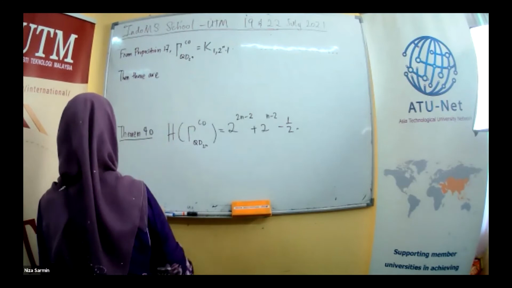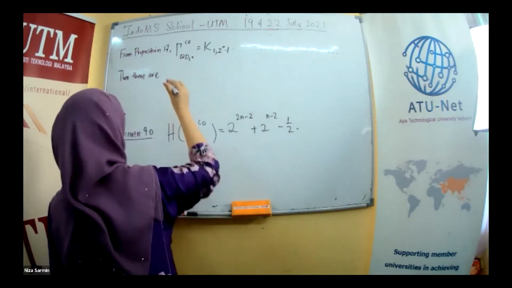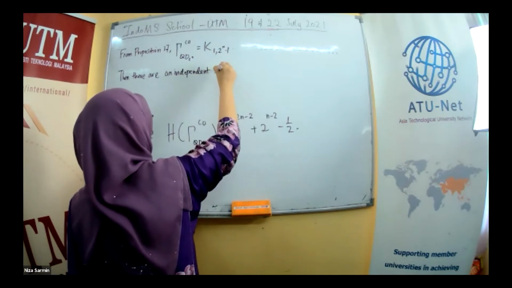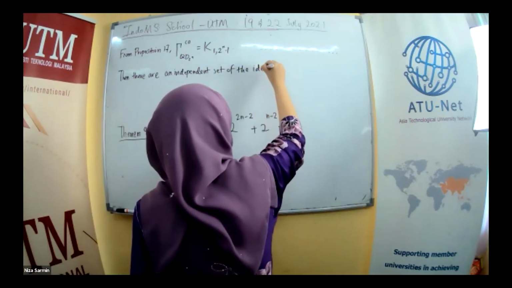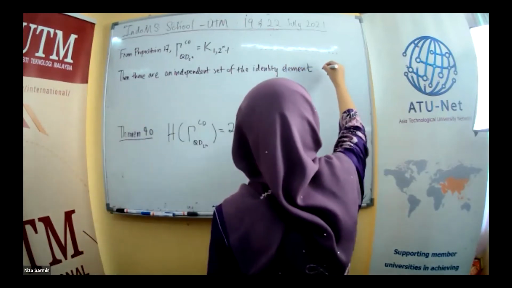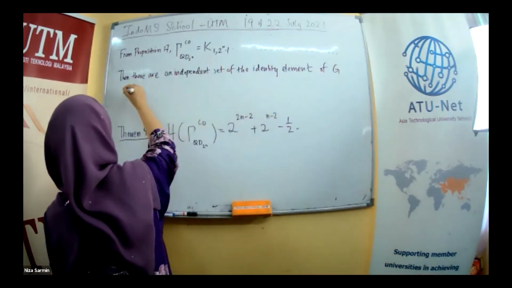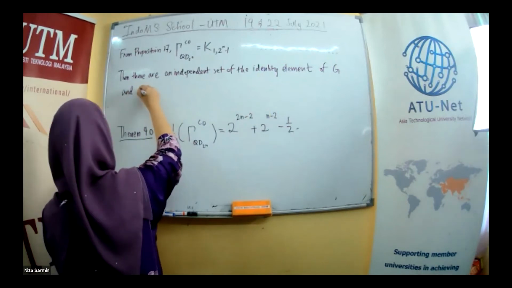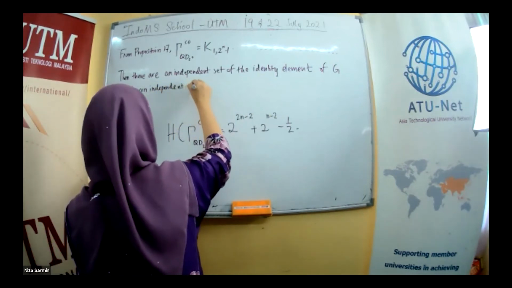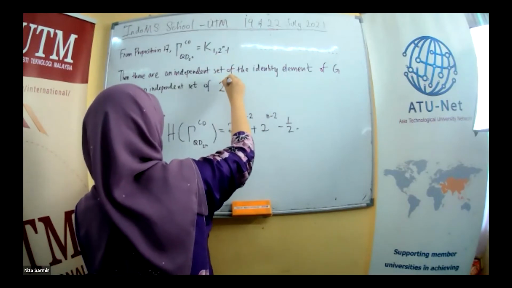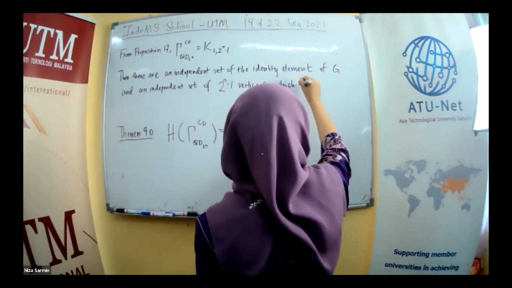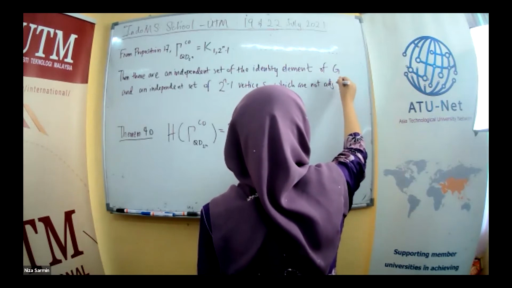Then there are, for this one, an independent set of the identity element of G, and an independent set of 2^n - 1 vertices, which are not adjacent, right?